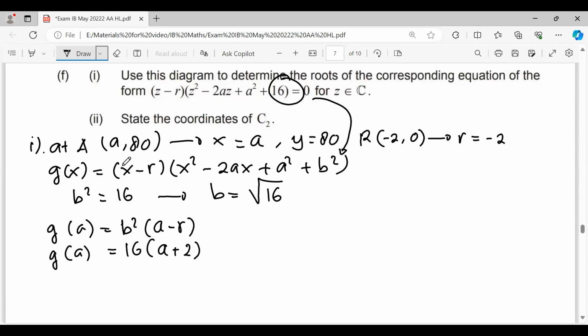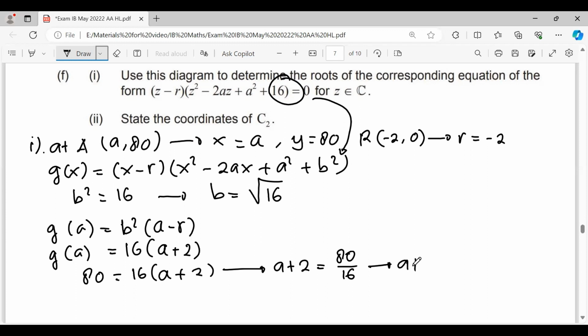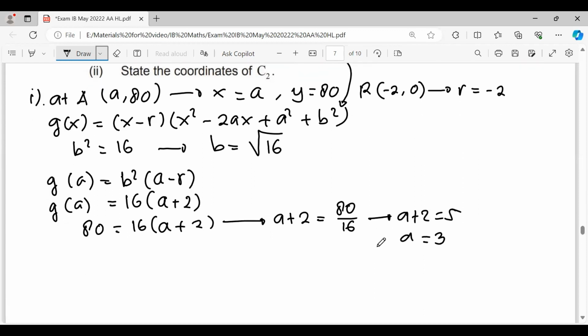And if y equals 80, so it becomes 80 equals 16 times a plus 2, or a plus 2 equals 80 over 16, or a plus 2 equals 5. So a equals 3, because 5 minus 2.